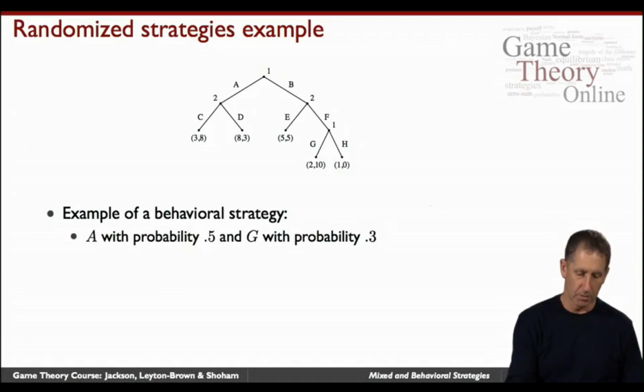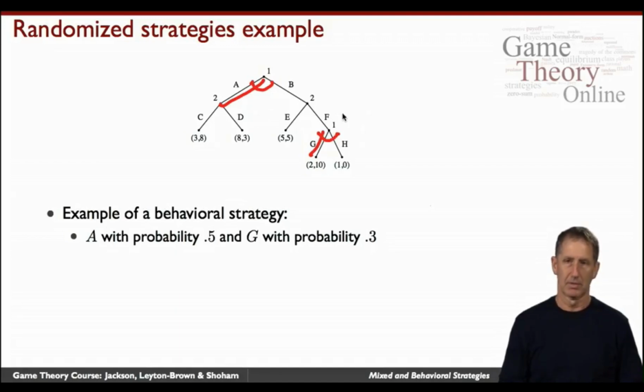Player 1 can take action A with probability 0.5 and G with probability 0.3. What does that mean? That over here they'll randomize 0.5, 0.5, and over here they'll randomize 0.3, 0.7. That's a behavioral strategy.